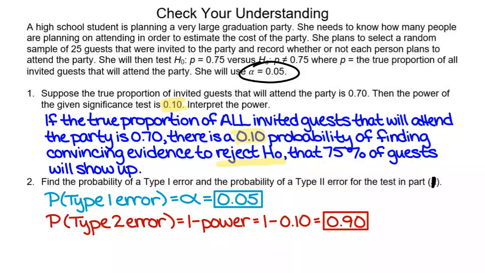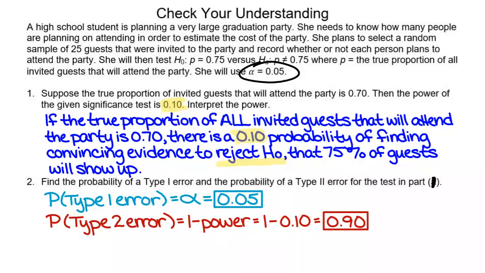Before we go and look at the last question, one of the things that I want to stop and talk about is finding power. To actually calculate power like the website did takes skills beyond what we cover in this class. So what we are going to focus on is, if I tell you the power, can you tell me the probability of a type 2? If I tell you the probability of a type 2, can you tell me the power?